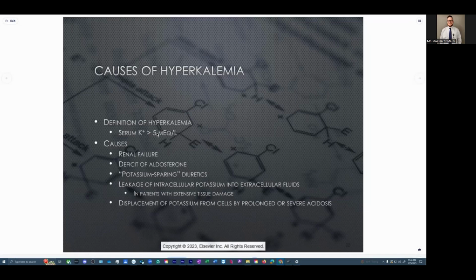Our kidneys are a hugely important organ in balancing fluid and electrolytes. If you want to think of one organ that is about this balance of fluid and electrolytes, it's going to be our kidneys. So if they're failing, someone's in chronic renal failure, whatever it is, they tend to have a harder time processing and controlling potassium levels, and they tend to rise.